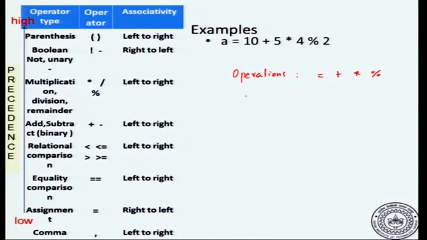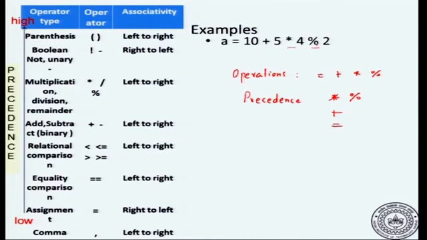Then precedence: I know that multiplication and modulo have very high precedence. Then the next level is plus, and then assignment has the least precedence. Now, both star and modulo occur in this expression.